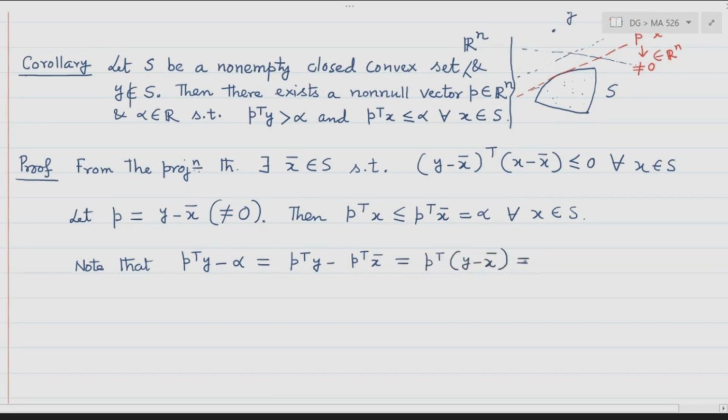But p is y minus x bar, and therefore this is the norm of y minus x bar squared, which is norm of p squared. As p is non-null, this is greater than 0, and this proves that p transpose y is greater than alpha, and hence the result follows.